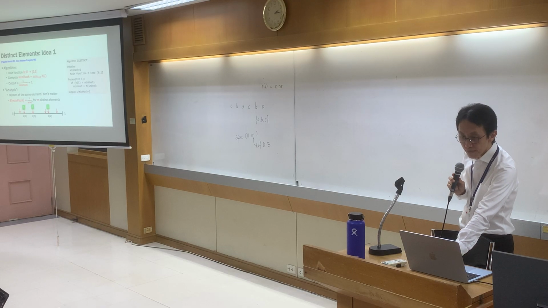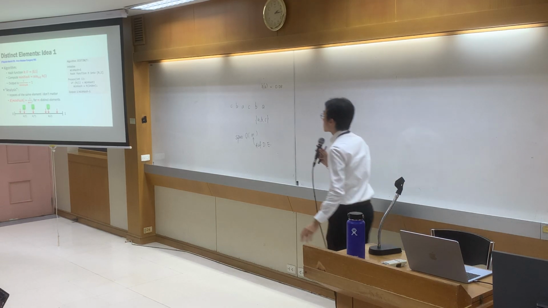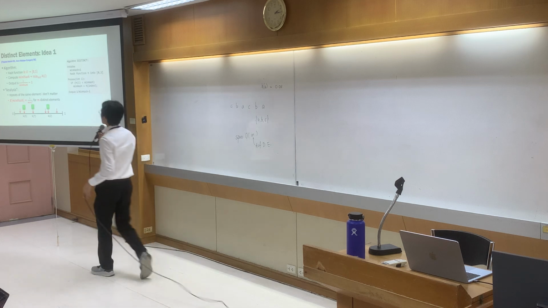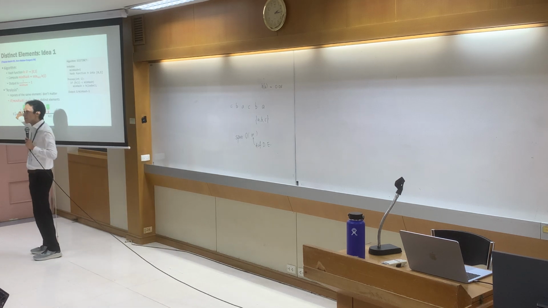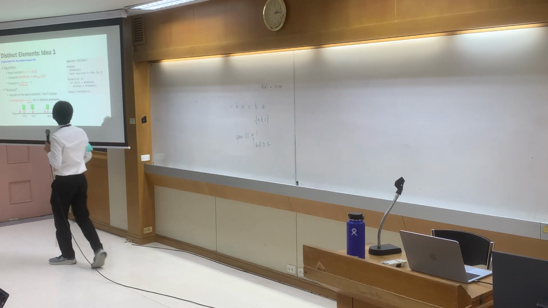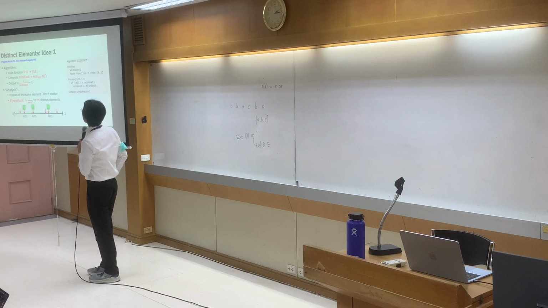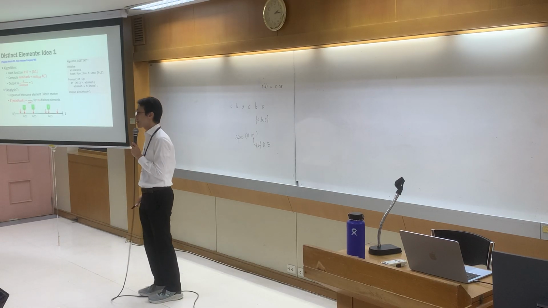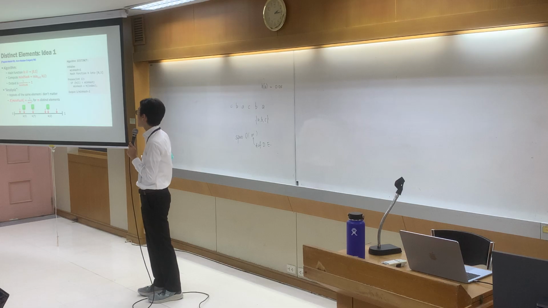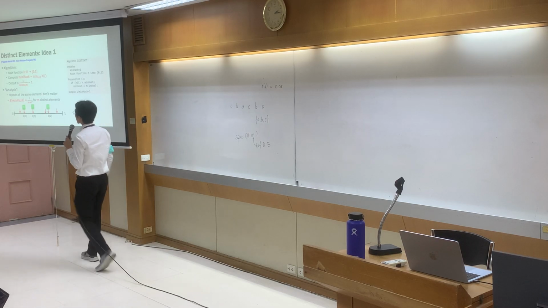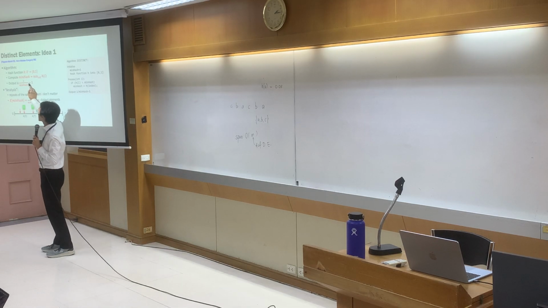Eventually, what's going to happen is we are going to track min hash. This is the minimum, right? The point is, if I want to know how many distinct elements we have seen so far, this is what I want to output. 1 over min hash minus 1.